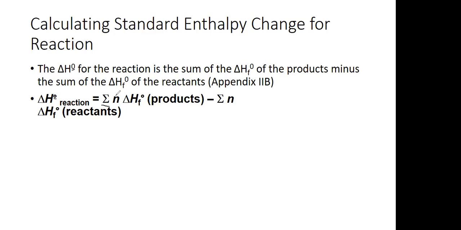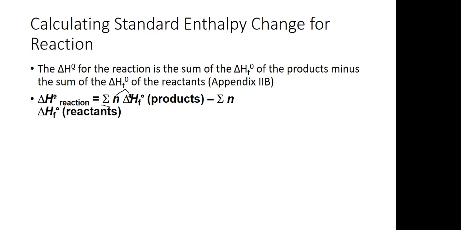So we're going to do the sum of the number of moles multiplied by delta H of formation of products minus the sum of the number of moles times delta H of formation of reactants. Again, if I say that to you, it does not make much sense. So let's see how to use this equation to better understand what it is.